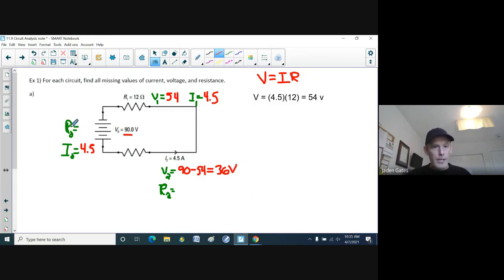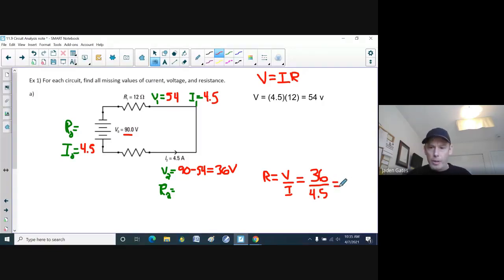All right, what else am I missing here? R0 and R2. Again, I can use Ohm's law to find R2, where R is equal to V divided by I. In this case my V is 36 divided by my I, which is 4.5.